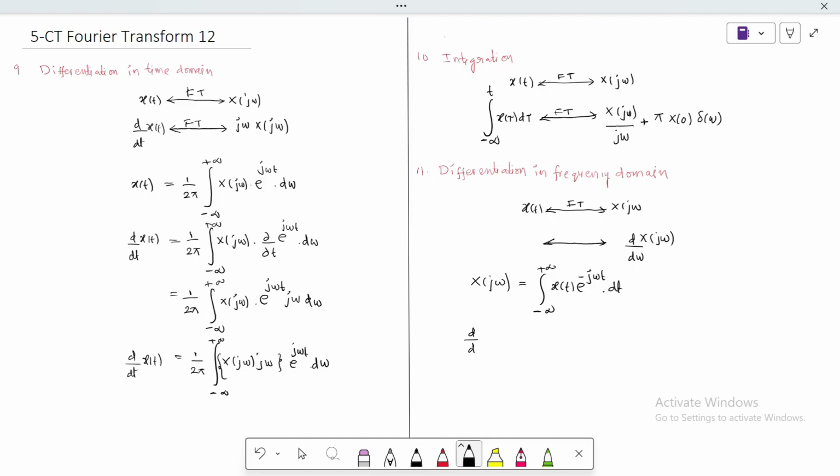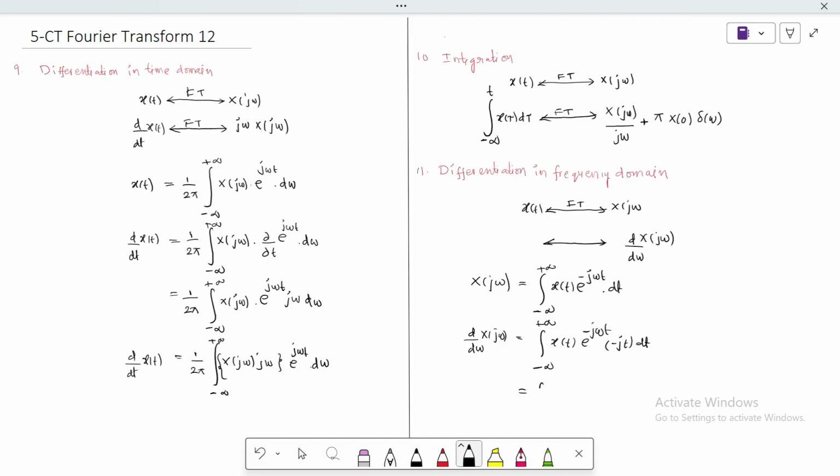Now differentiate with respect to ω. X(jω) again is the integral from minus infinity to plus infinity, with partial differentiation with respect to ω. x(t) is a constant. Partial differentiation of −jωt with respect to ω gives the constant −jt, multiplied into dt.